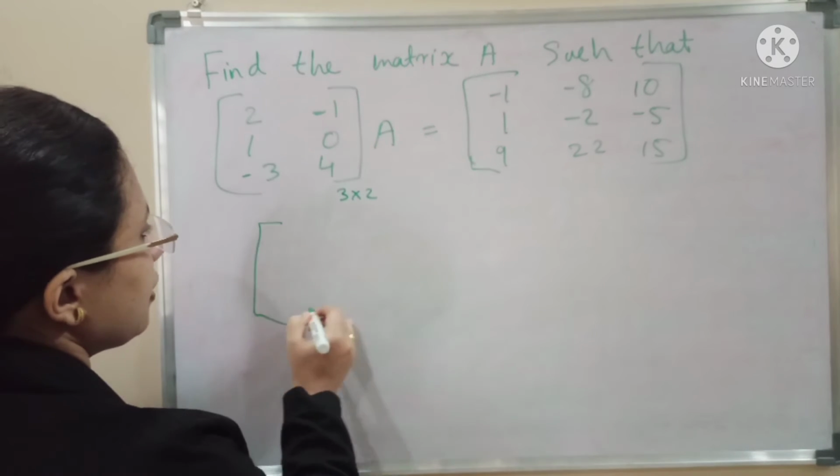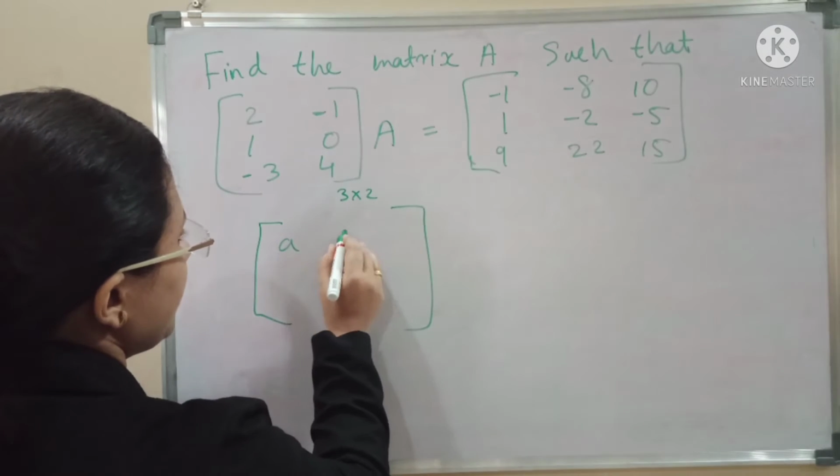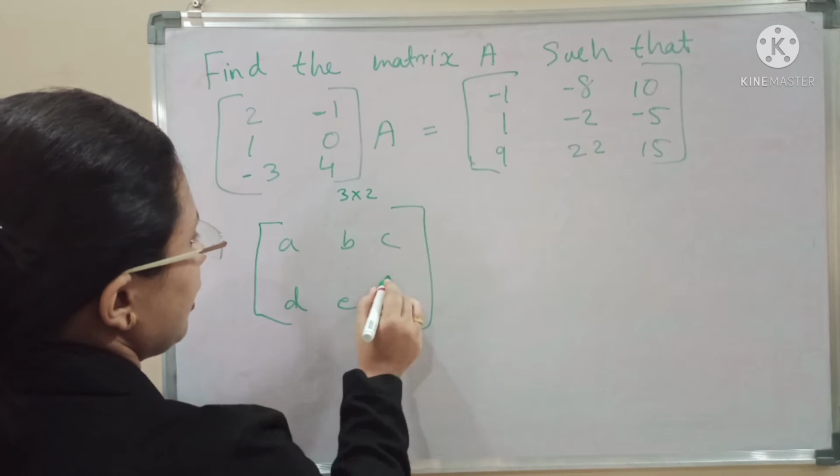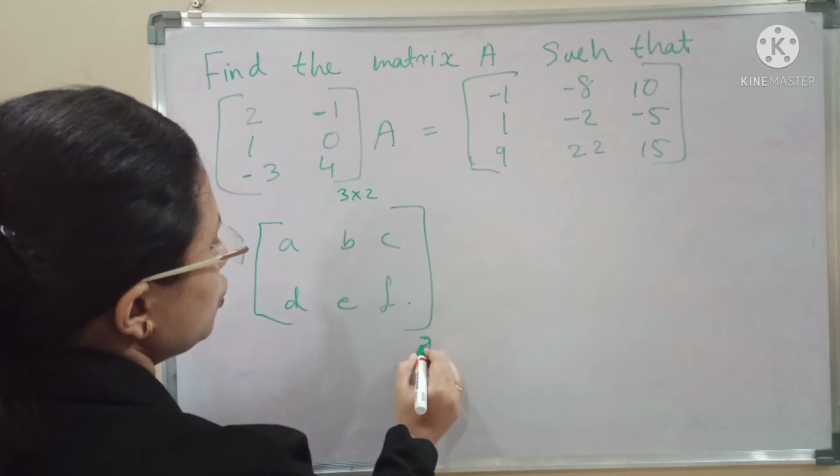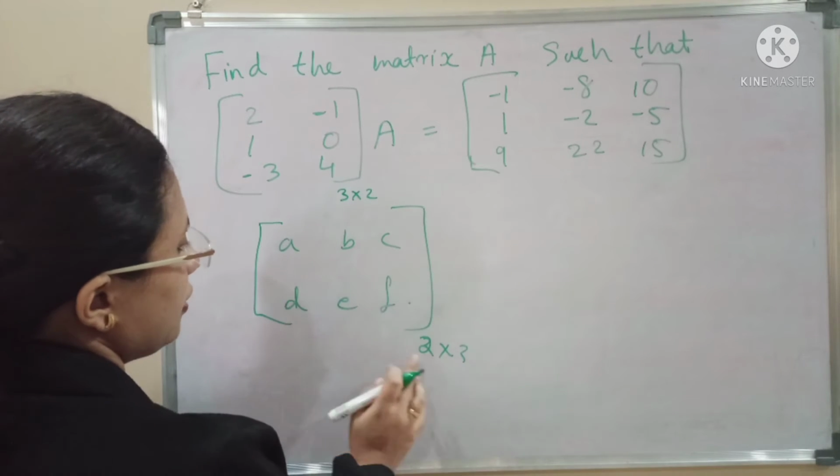Then only we can multiply. So we can consider A as A, B, C, D, E, F. This is 2 by 3, 2 rows and 3 columns.